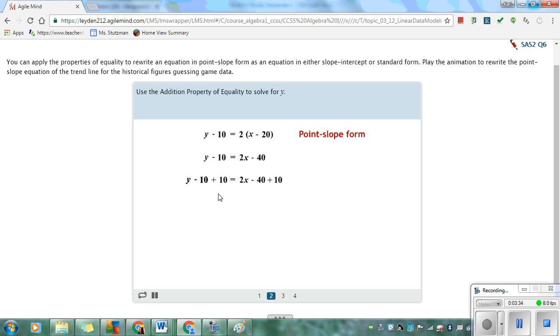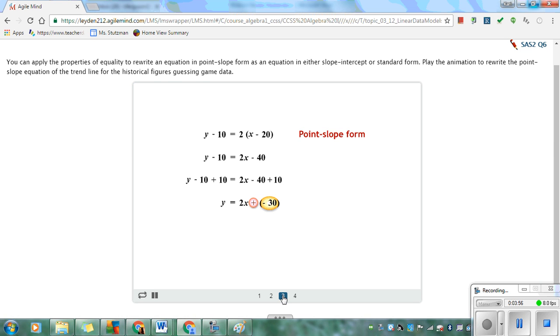Making it opposite turns it into a positive. The negative 10 and plus 10 cancel out, leaving me with just y equals. And on the right side, I need to combine my like terms, negative 40 plus 10, and it's going to give me negative 30. So y equals 2x minus 30 is my answer in slope intercept form.